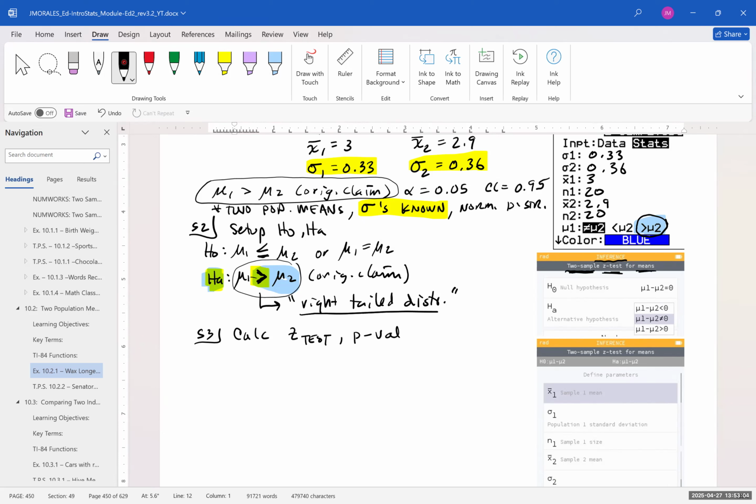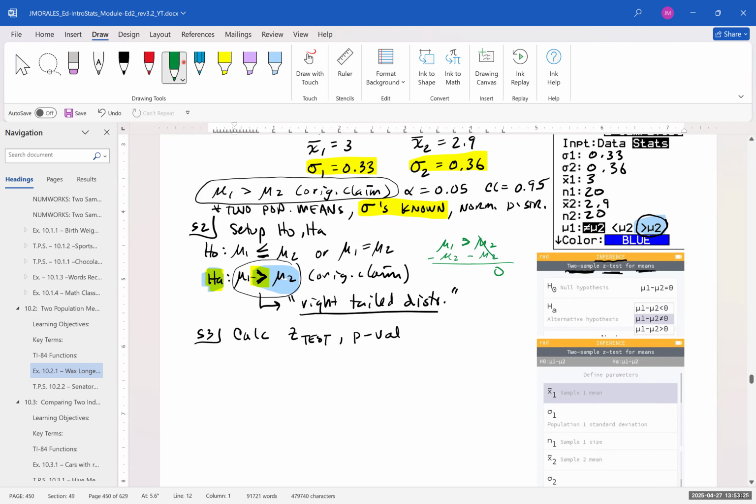Let me do this as an aside here, in green. If I were to write mu1 greater than mu2, and I wanted to get mu1 and mu2 on the same side, I would subtract mu2 from both sides.